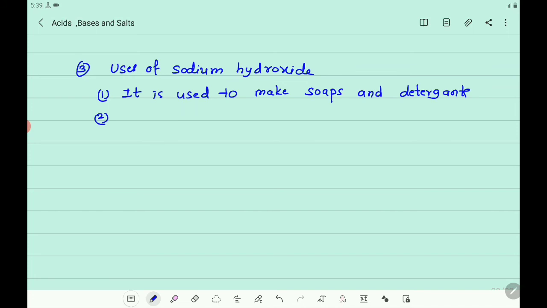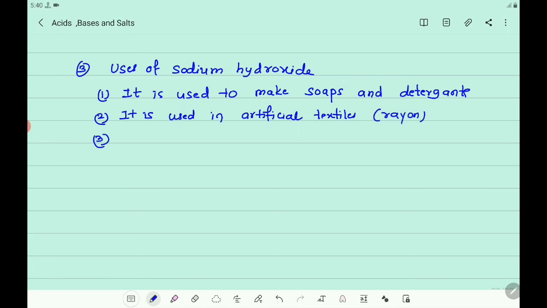It is used to prepare artificial fiber, or it is used in artificial textile like rayon.